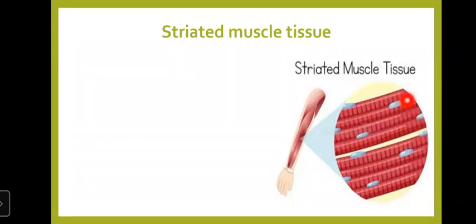You can notice that there are many nuclei on the muscle fiber. Hence, it is also called multinucleated. There are no branches seen in these muscle fibers. Hence, they are unbranched.